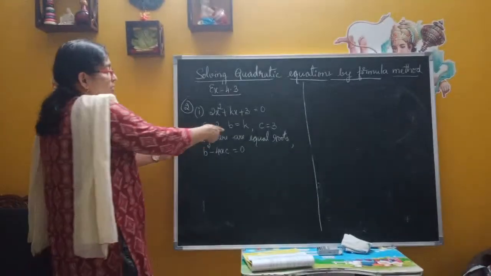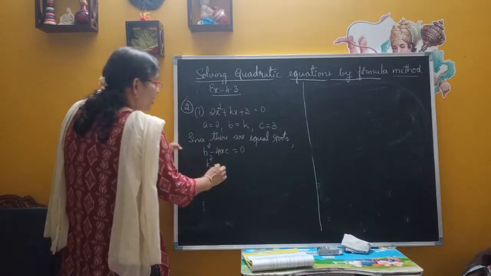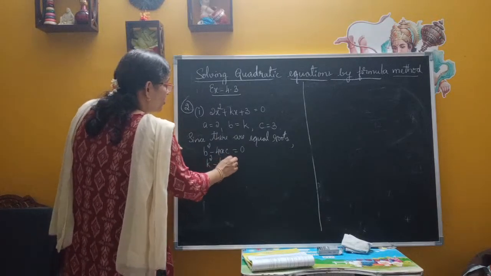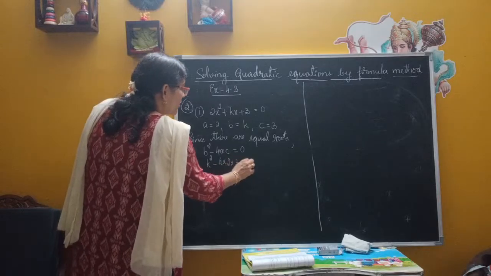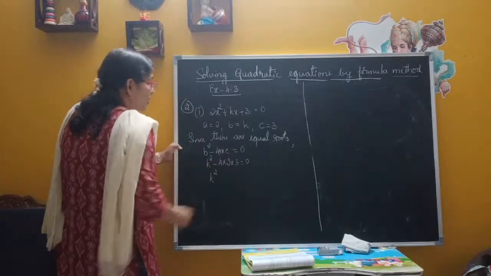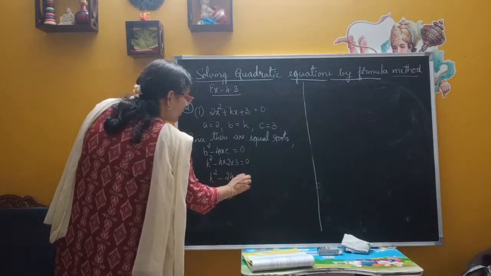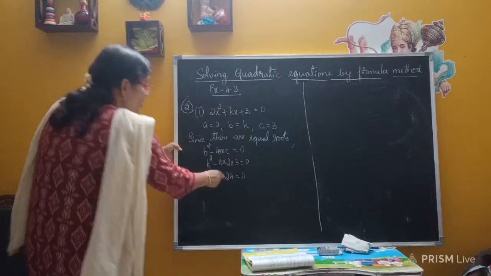Let us substitute these values. b square is k square, minus 4ac, that is 4 into 2 into 3, is equal to 0. So k square minus 4 into 2 into 3, 8 threes are 24, is equal to 0.